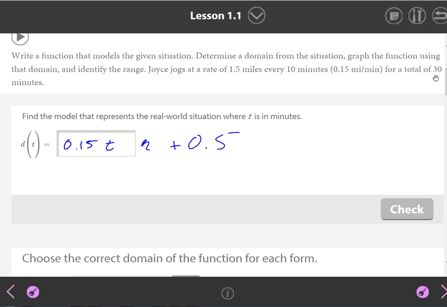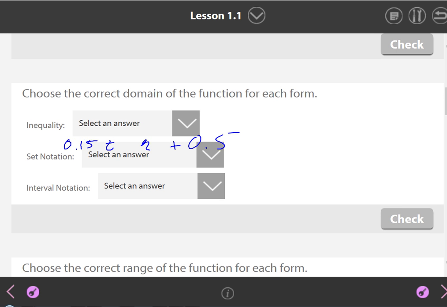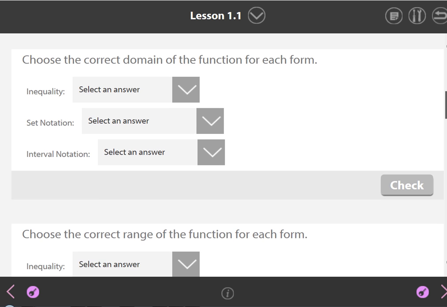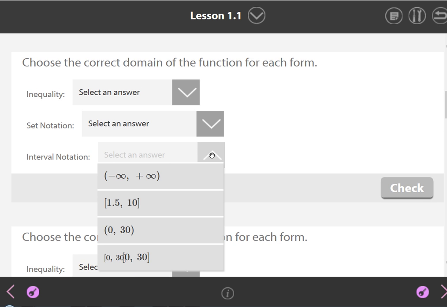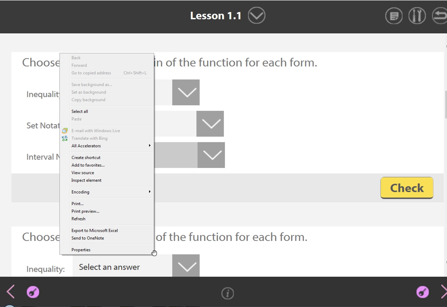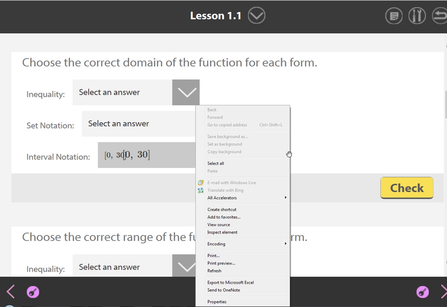So the domain then has got to be, so the domain would be which one of those? Well, that's kind of weird at the bottom. I don't know why it's showing up like that, but it's that one, isn't it? Right? Oh, what?